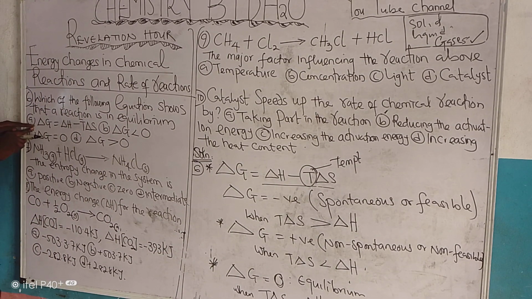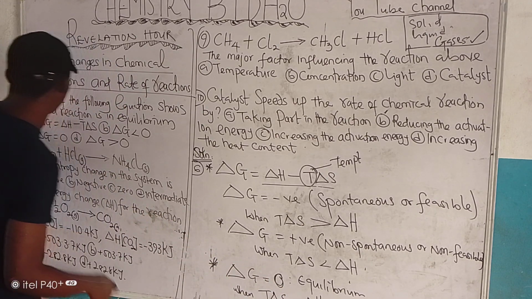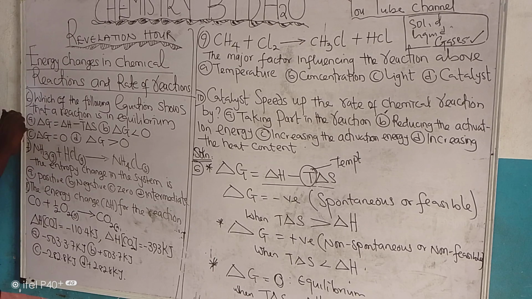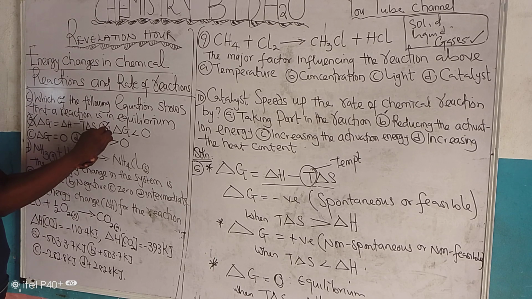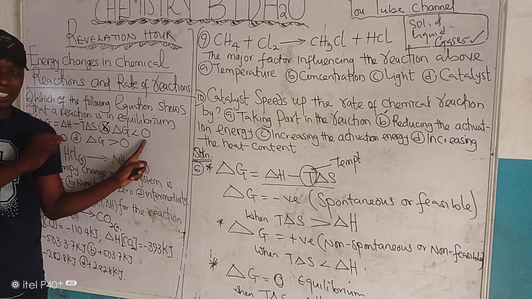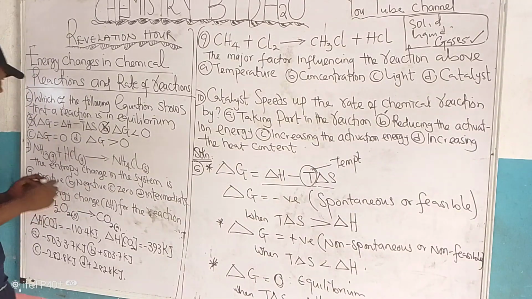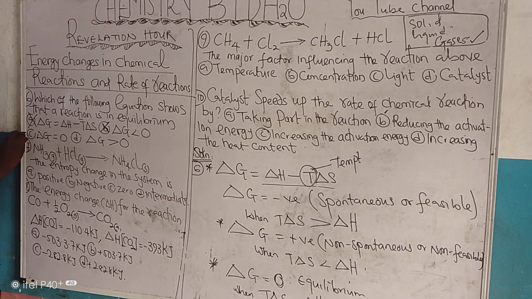Is it this? No. Listen, look at what I told you. Temperature times entropy change is equal to enthalpy change, and that does not relate to this, so it is not the answer. Check this one, please. It is not the answer. If Gibbs free energy is less than 0, it means your Gibbs free energy is negative, and if it's negative, it means that the reaction is spontaneous. Okay? Now, if Gibbs free energy is equal to 0, the reaction will be in what? Equilibrium.